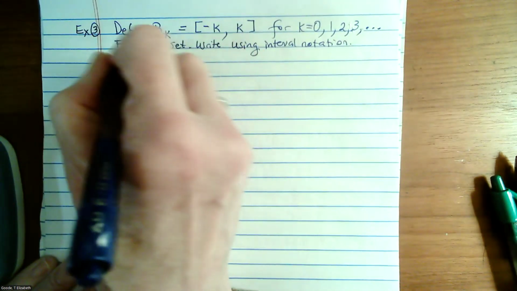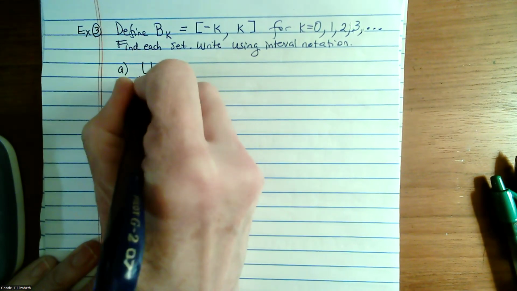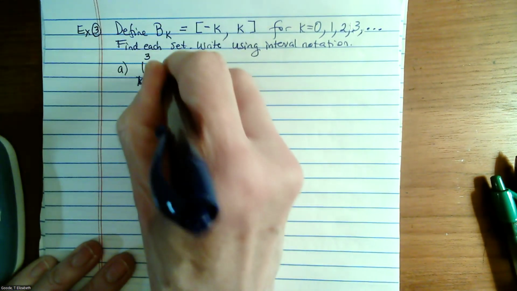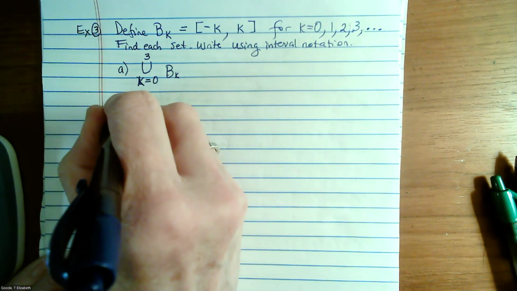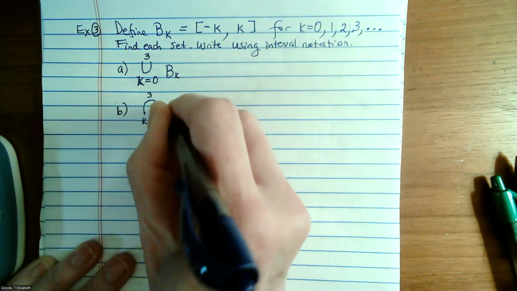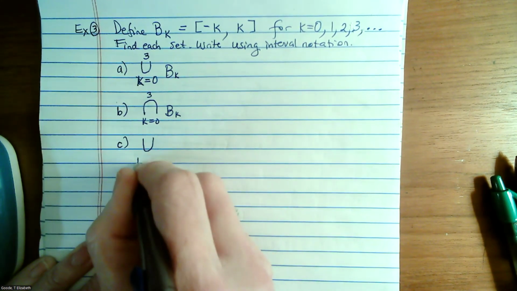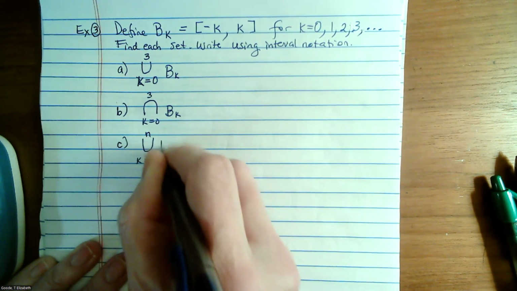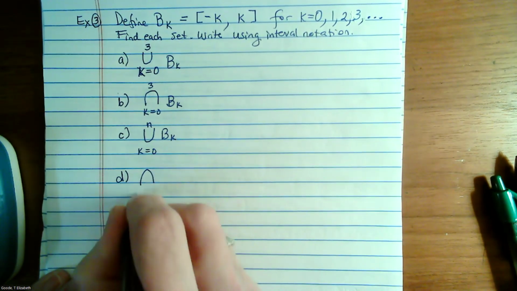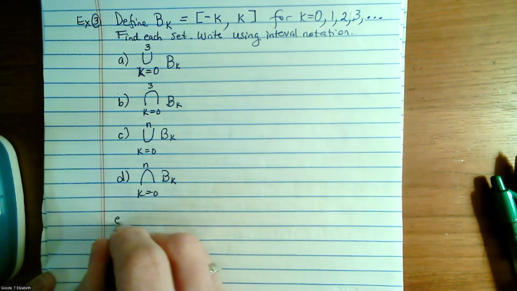Okay, A. The union from K equals 0 to 3 of the B sub K. B. The intersection from K equals 0 to 3 of the B sub K. C. The union from K equals 0 to N of the B sub K. D. The intersection from K equals 0 to N of the B sub K. And then we'll do E and F, which will be the infinite ones.